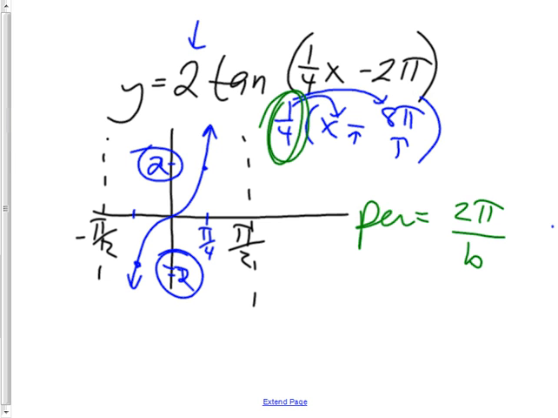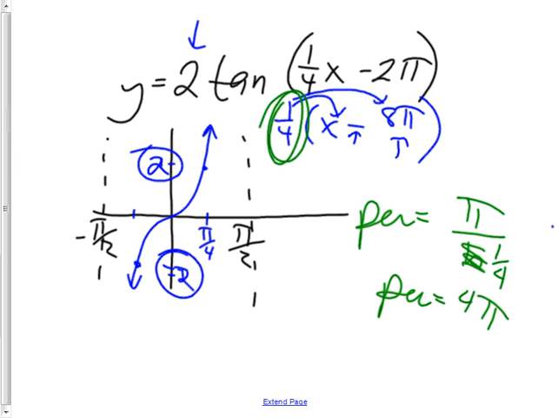I hope not, because you needed to change the 2 pi into pi. Why? Because tangent has a different period. Okay, period is pi over b. And our b we figured out was 1/4. Therefore, pi over 1/4. Therefore, this period is, flip and multiply, 4 pi. Does that make sense to you?